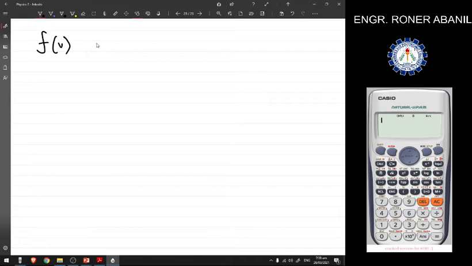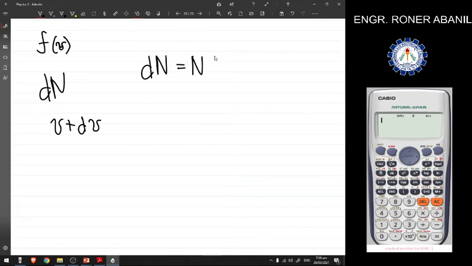If we observe a total of N molecules, the number dN of molecules having speed in the range from v to v plus dv, we formulate as dN equals N times the distribution function f(v) dv.